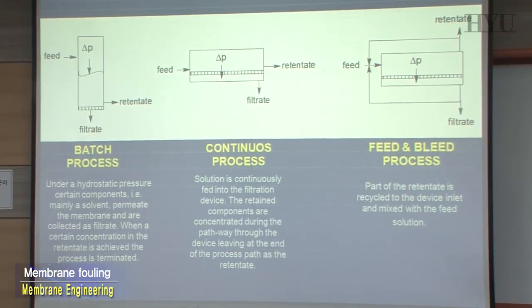But the recycle of this concentrate can be done in a different way. You can just discharge in a single step, so something enters, and after that you have a filtrate and a retentate. In some cases you can have your filtrate, but recycle the retentate back to the feed. And so the system is going to produce more and more up to a certain level.